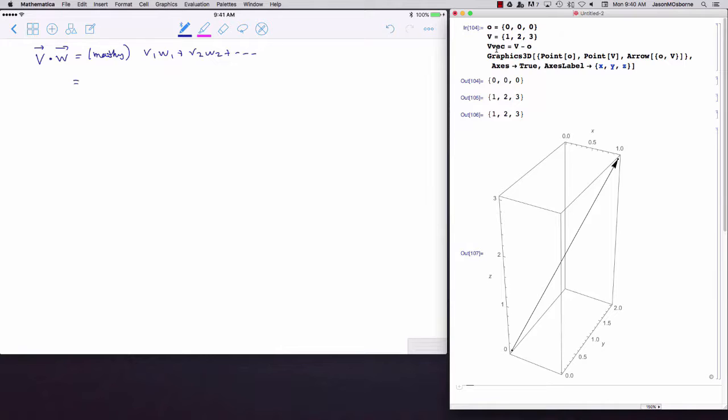And it also has a more physics meaning, in that it's the length of the vector v, length of the vector w, cosine of phi, where phi is the angle between the vectors v and w. Now this is a crucial result. So v dotted with w is length of v, length of w, cosine of phi.